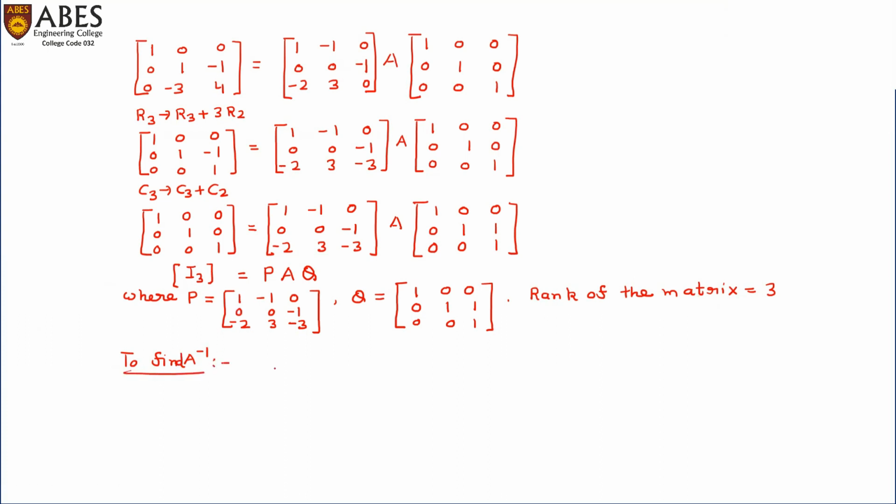The matrix can be written as I is equal to PAQ. We pre-multiply by P inverse: I is equal to P inverse PAQ. We know that P inverse P is equal to I, so that is IAQ.